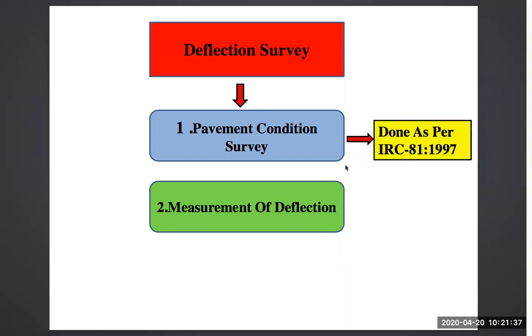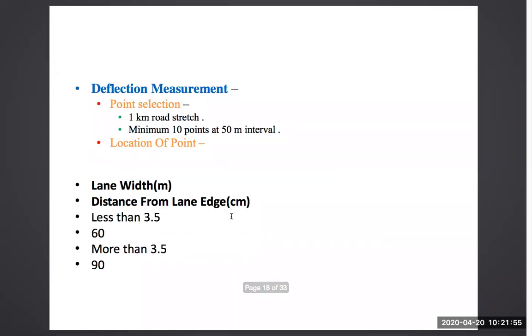So the pavement condition survey is done as per IRC 81. First we survey the surface condition, how it is, whether it is cracked, what is the thickness of the bituminous layer, okay, and then measurement of deflection is done. So how exactly do we do the measurement?